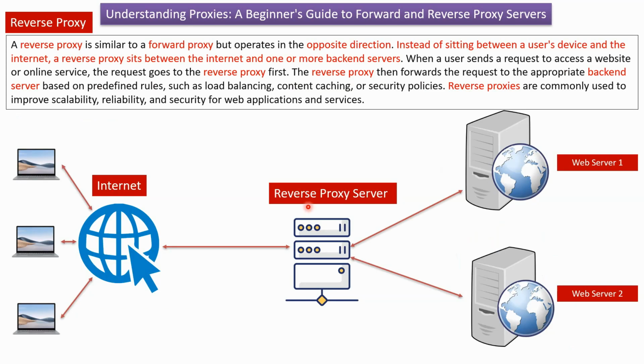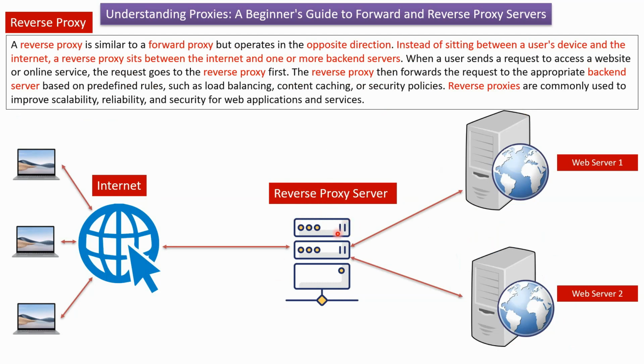Now we will see what is reverse proxy. Reverse proxy is similar to forward proxy but operates in the opposite direction. Instead of sitting between the user device and the internet, reverse proxy sits between the internet and one or more backend servers. When a user sends a request to access a website or online service, the request goes through the reverse proxy first.